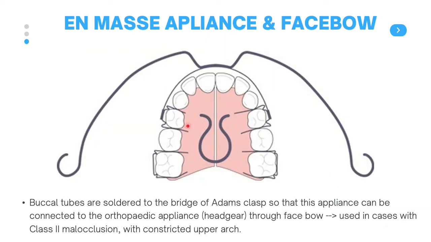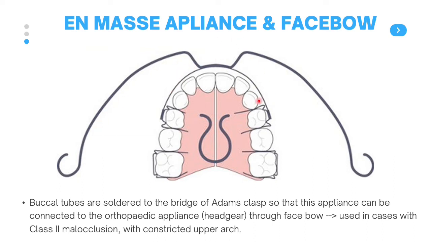Okay, this photo shows how the en masse appliance is connected to the headgear via face bow, and this whisker-looking appliance is called face bow. They have inner bow and the outer bow.